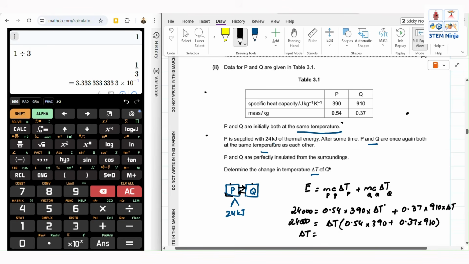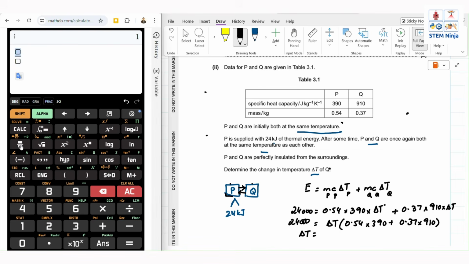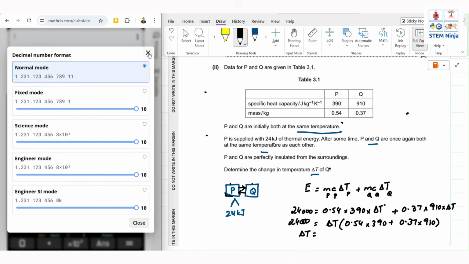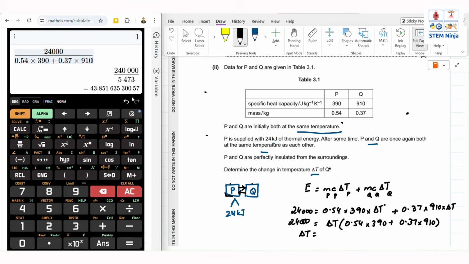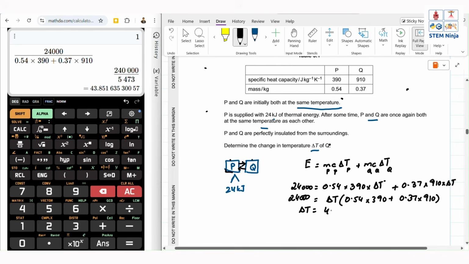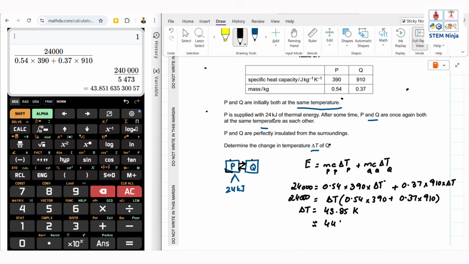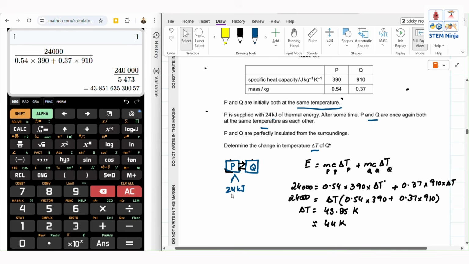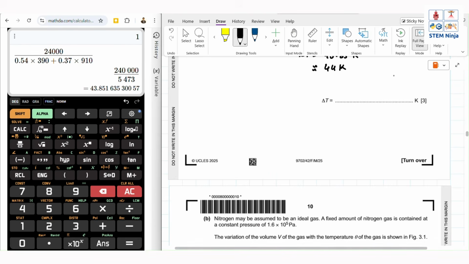So delta T would be 24,000 divided by 0.54 times 390 plus 0.37 times 910. So we convert this into normal form, we get 43.85 or roughly 44 kelvins.